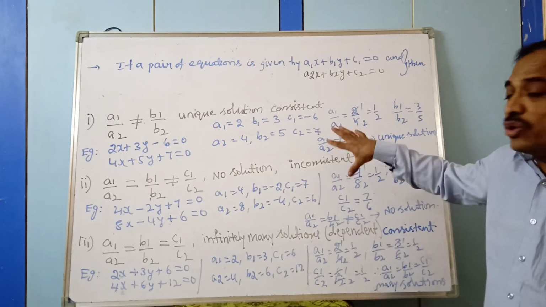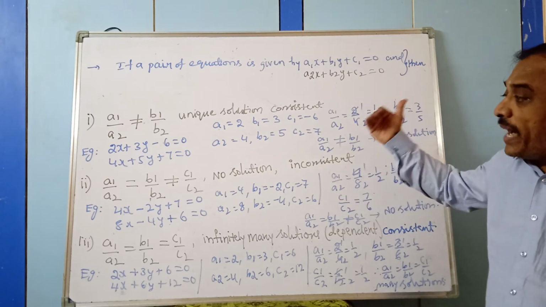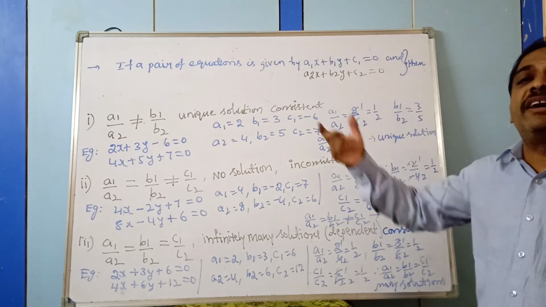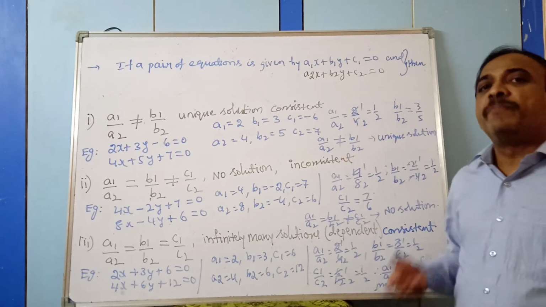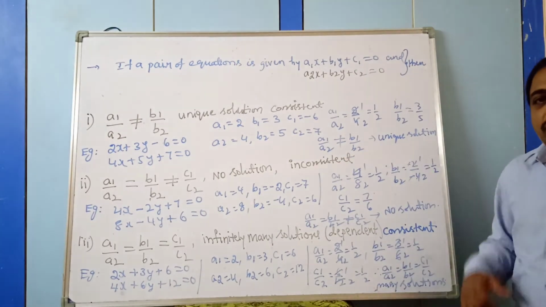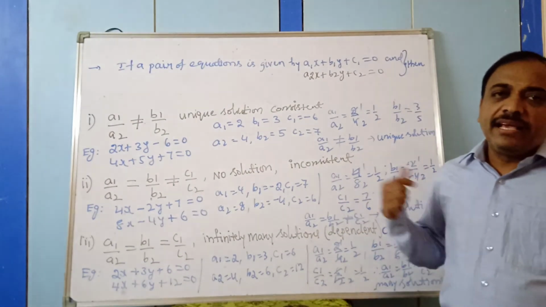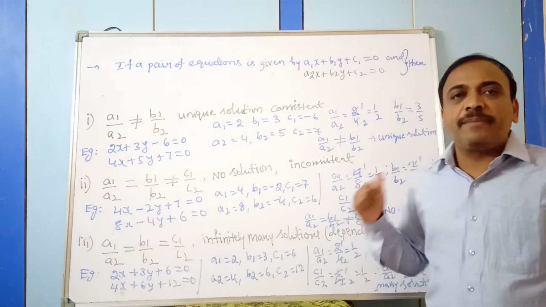Is it clear how to compare the ratios? By comparing the ratios only, you can say whether the system of pair of linear equations in two variables has a unique solution, no solution or infinitely many solutions. Is it clear?